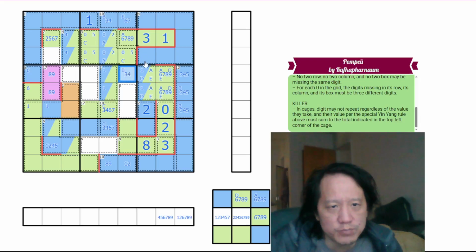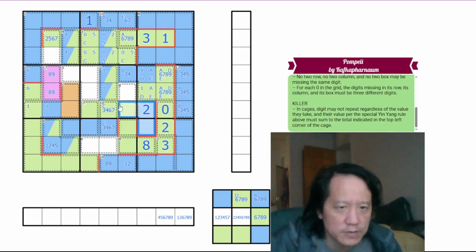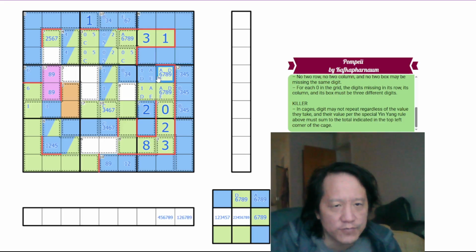So since this is blue and this is blue, this would have to be blue there, which would make this green. We'd have three green cells there. We have green, green here. This is green. So this would be green, and this would be a contradiction. Because this blue area would be essentially broken off from the rest of the blue areas.